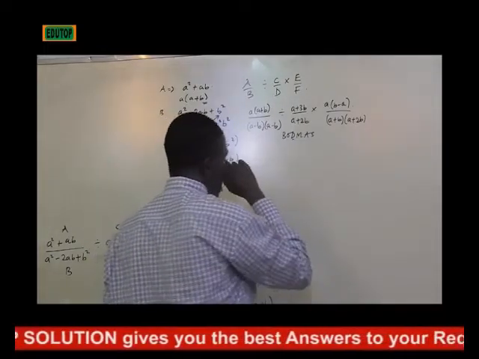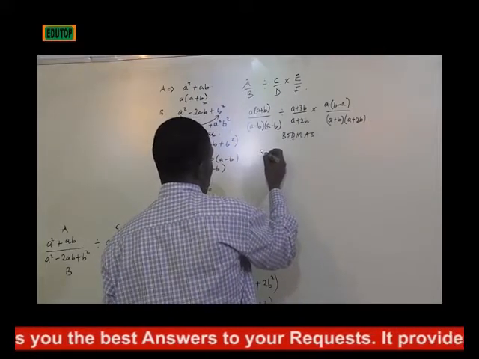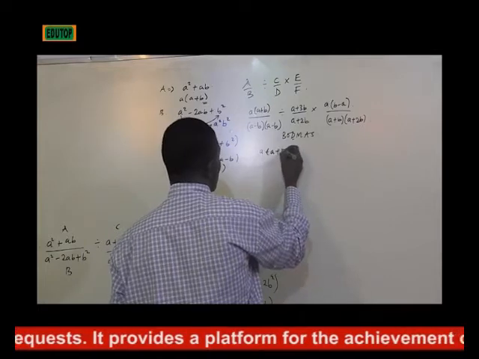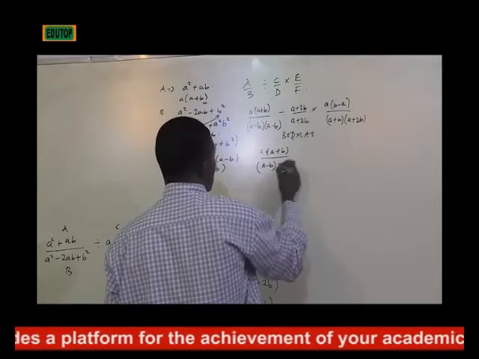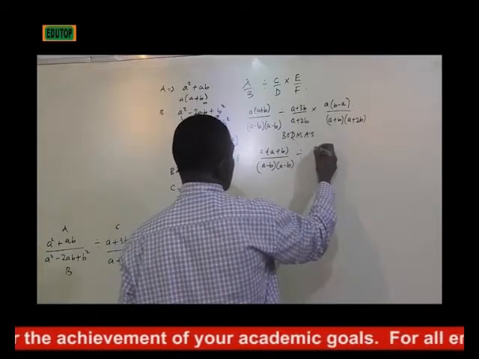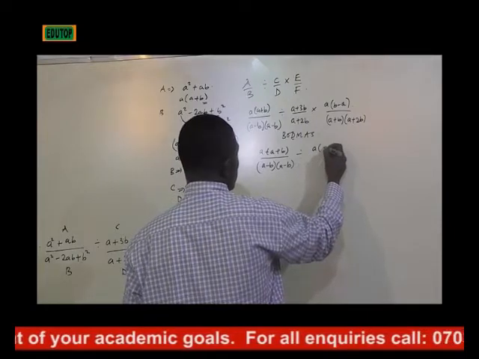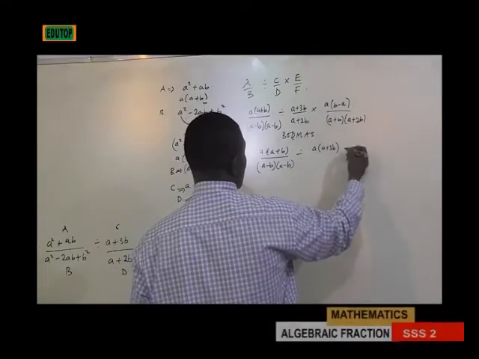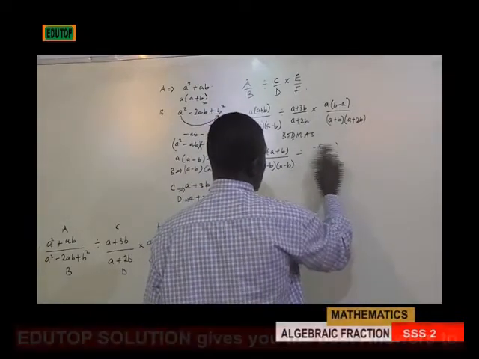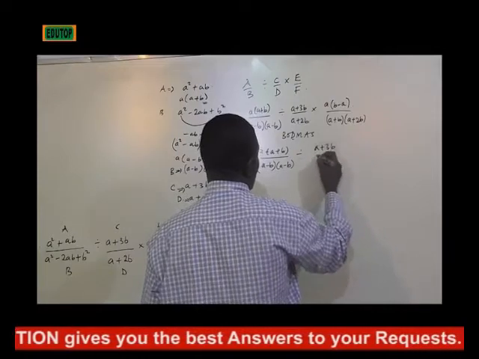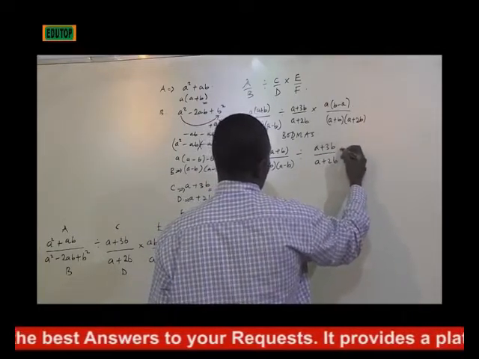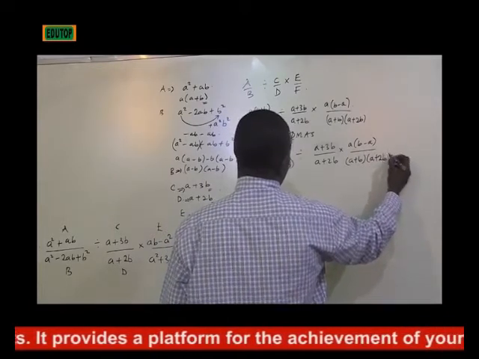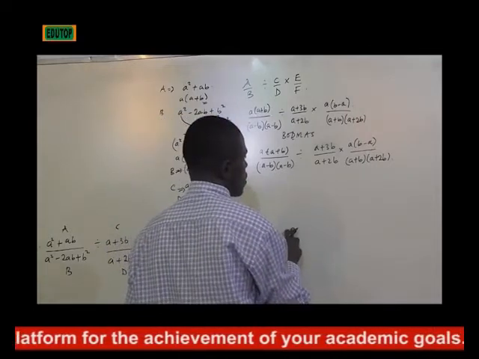But here we have a into a plus b over a minus b, a minus b, divided by a plus 3b over a plus 2b, times a into b minus a over a plus b. I decide to rewrite this.